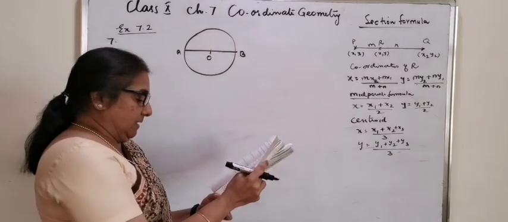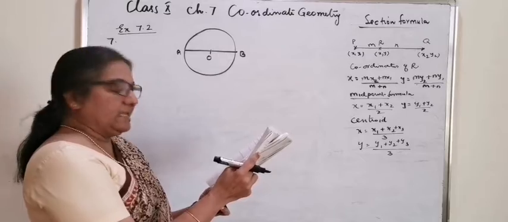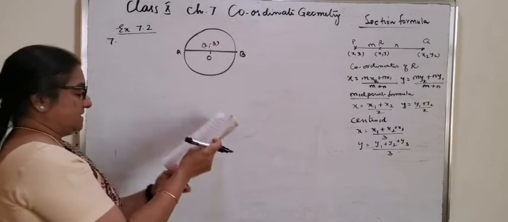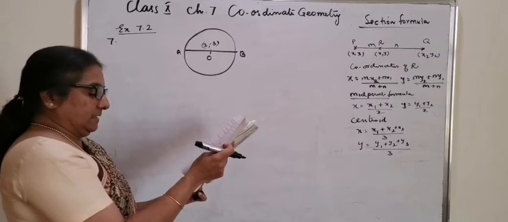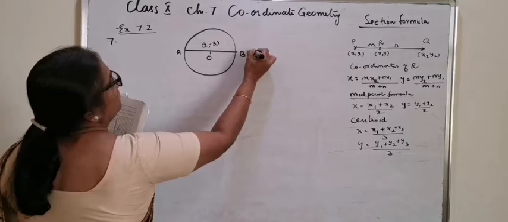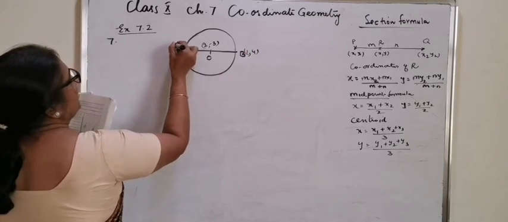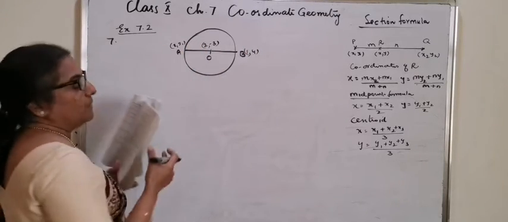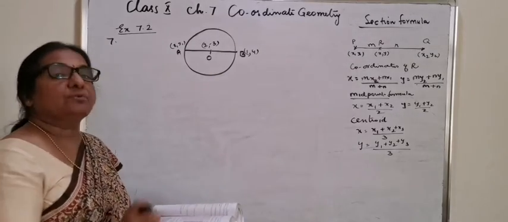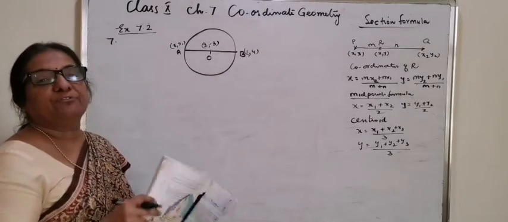The coordinates of the center are (2, minus 3) and the point B is (1, 4). Let's call the point A as (x1, y1). Now, AB is a diameter, which shows that O is the midpoint of AB.